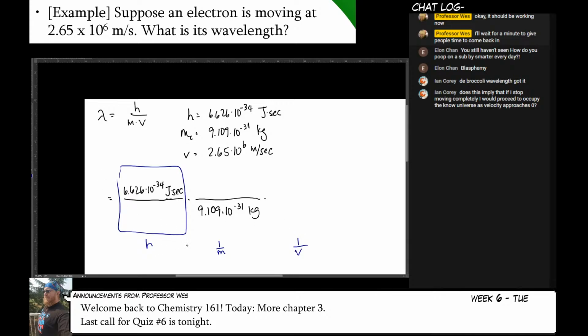And if I multiply these three things together, I should get the equation, right? So the velocity is 2.65 times 10 to the 6 meters per second.